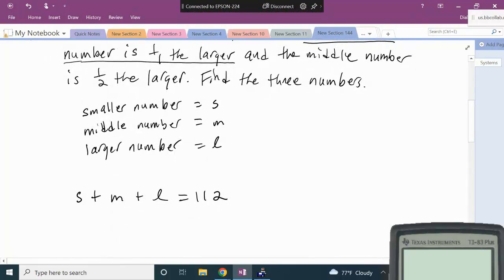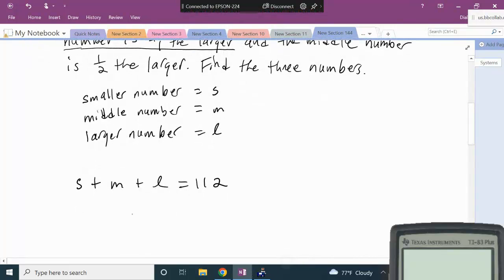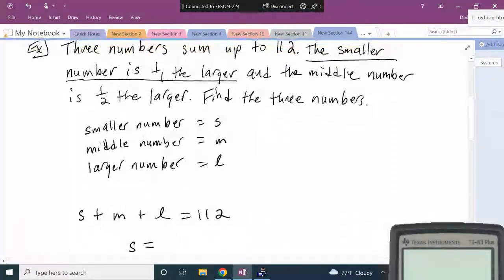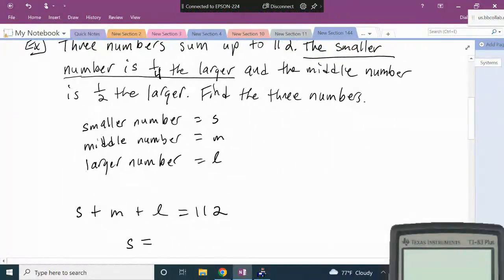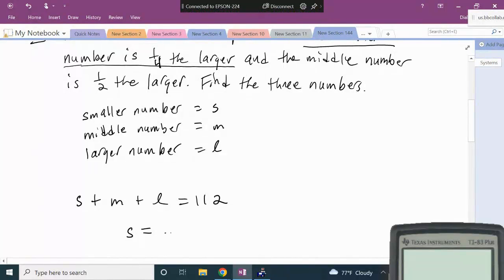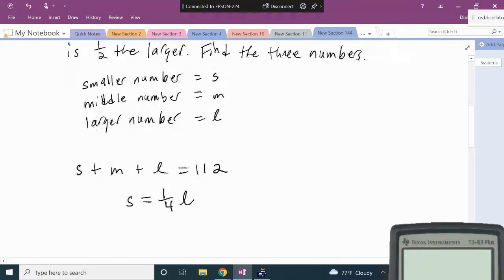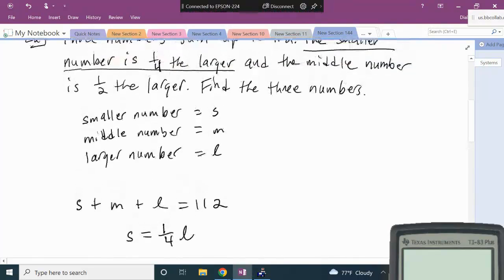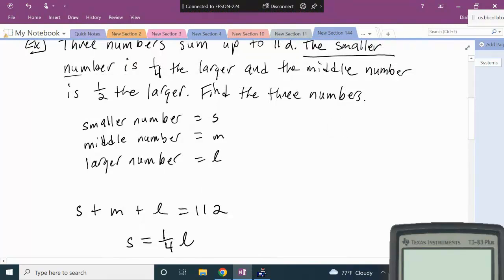Just remember "is" is an equal sign, so the smaller number, which is S, is equal to 1/4 of L. And then we have our last statement.